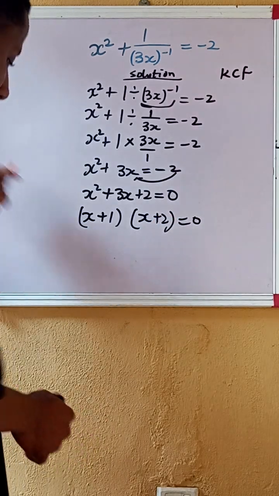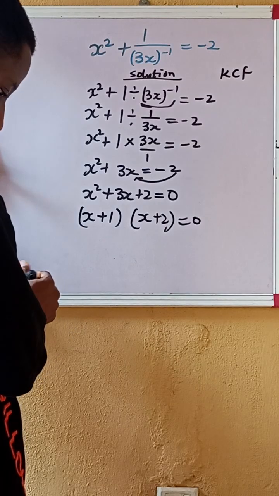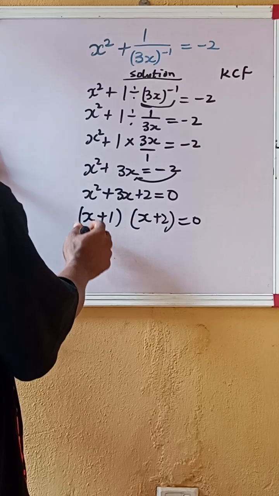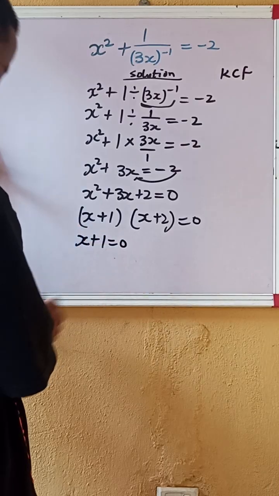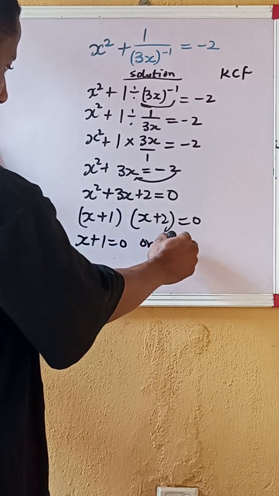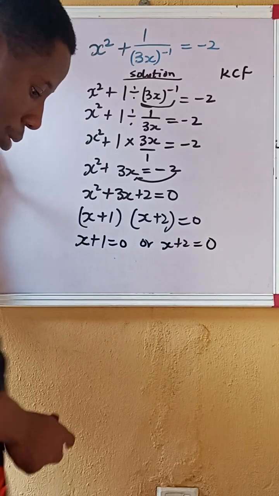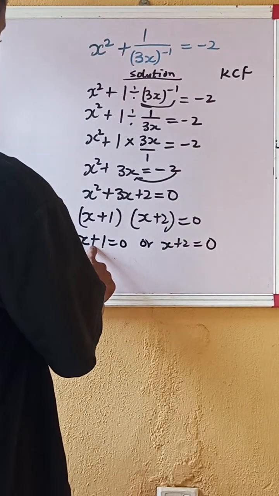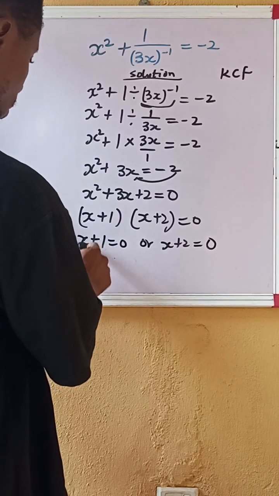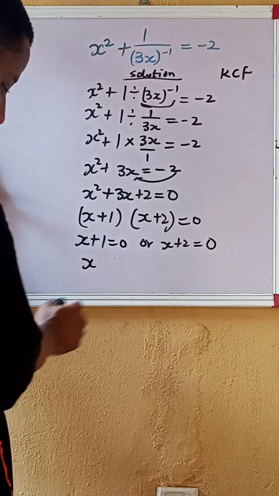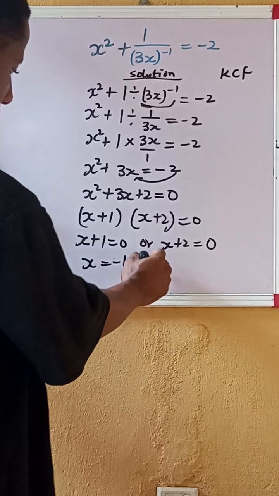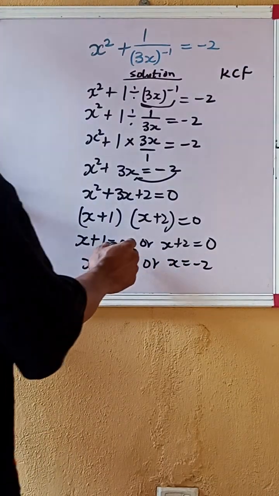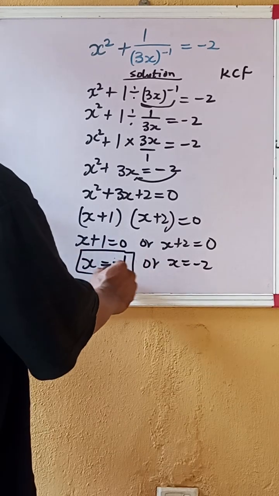So this equation is going to give us, we are separating them now, x plus 1 equals 0, or x plus 2 equals 0. So we are going to move this plus 1 to this side, into x equals minus 1, or x equals minus 2. And this is the final answer.